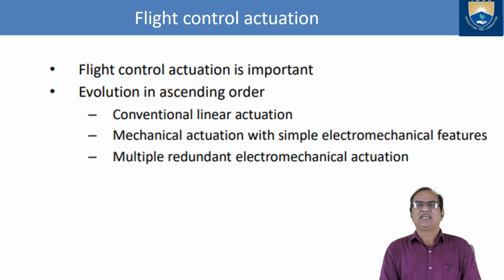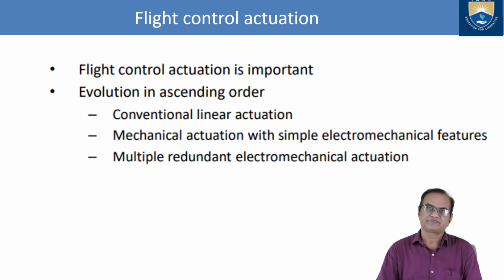The evolution is given here in ascending order. Conventional linear actuation, it is a very old one. Then mechanical actuation with simple electromechanical features. Then multiple redundant electromechanical actuation. I am going to discuss these in the further slides.